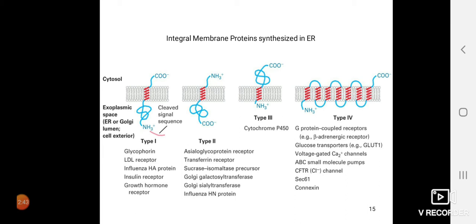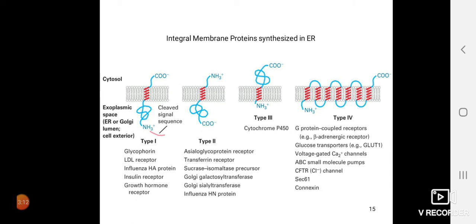In the fourth type, the N terminal is small and exoplasmic, the C terminal is small and on the cytoplasmic side, and it is a multipass membrane protein. Examples: G protein coupled receptors, glucose transporters, voltage gated calcium channels, ABC transporters, CFTR proteins, connexins, and many more.